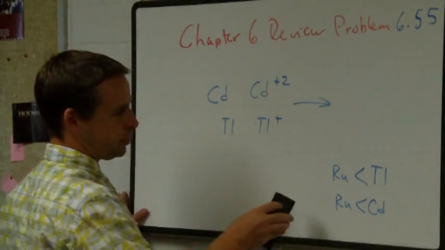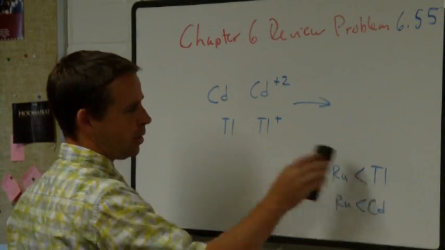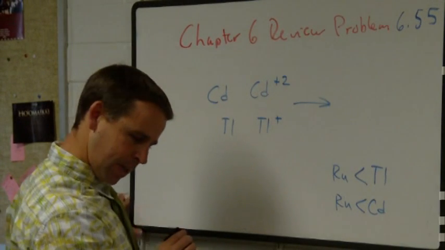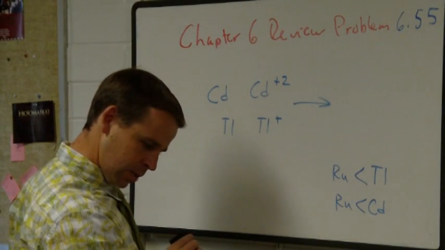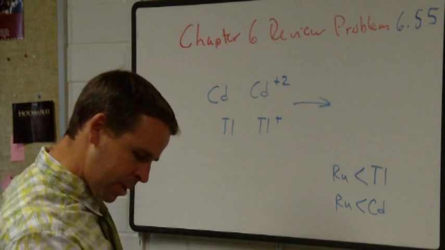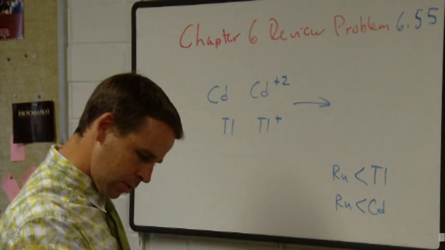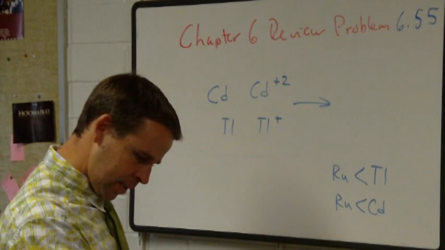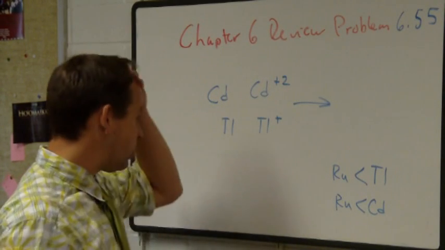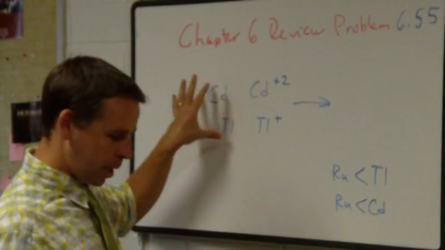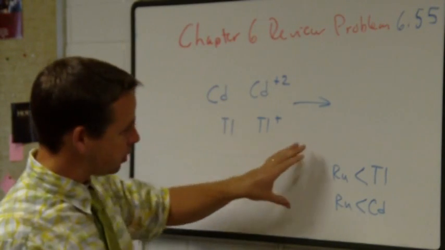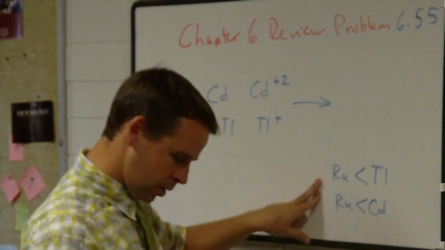So yeah, I think that this problem is still messed up, so I have to put that into the syllabus as well. It was messed up last series, and I thought that I looked through it and saw that it was okay, but I guess it's not okay, because you can't tell what's going to happen between cadmium and thallium with just this information here.